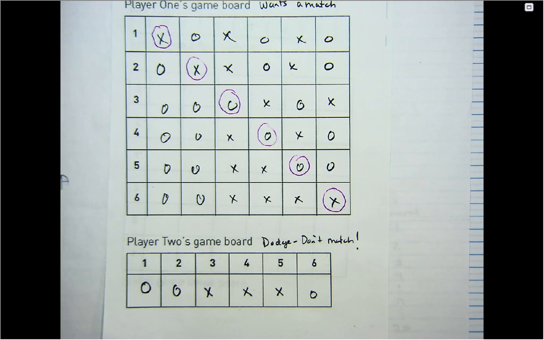Player 1. Find a way to make a pattern, and there's never the same pattern. There's a pattern.